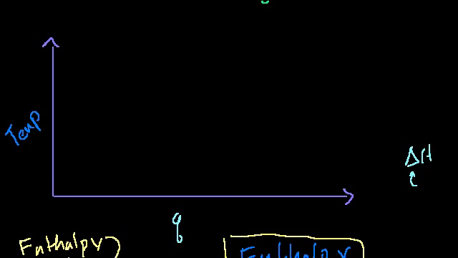Temperature. Now, let's say at low temperatures, I'm here, and as I add heat, my temperature will go up, right? Temperature is average kinetic energy. Let's say I'm in the solid state here, and I'll use magenta.